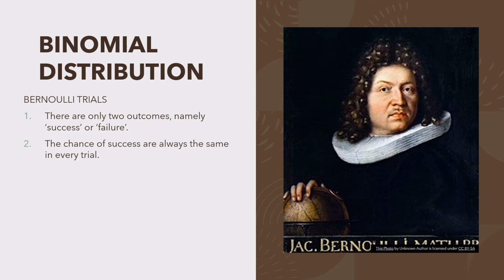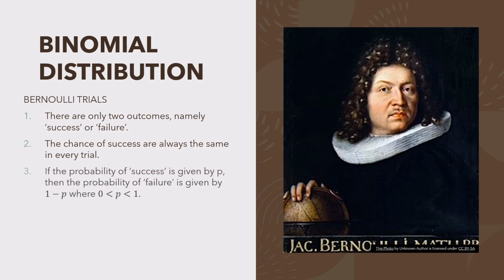So in Bernoulli's trial, if we want a head, we can consider getting a head a success, while getting a tail is failure. If we throw multiple times, for every trial the chance of success is always the same, which is 1/2 for a coin. If we throw a dice, it will be 1/6. So the chance of success is always the same in every trial.